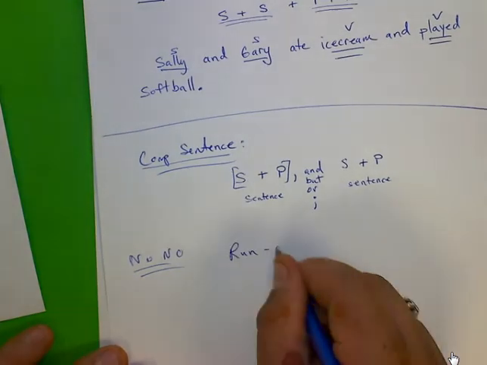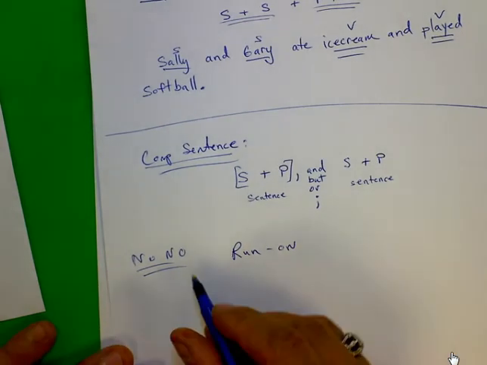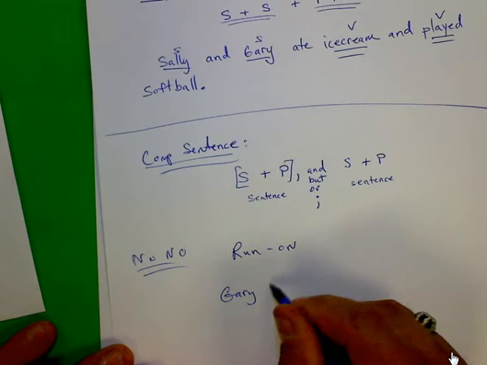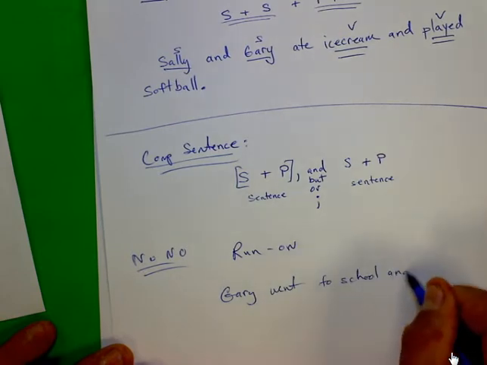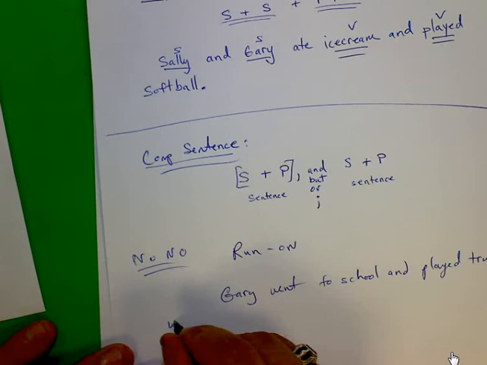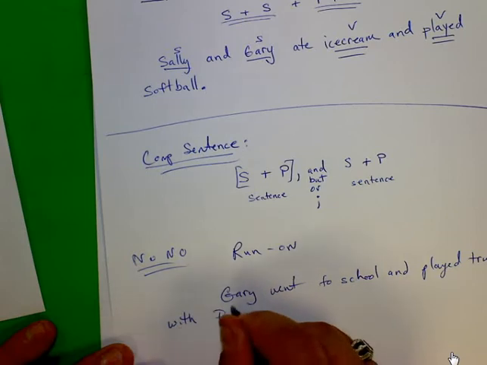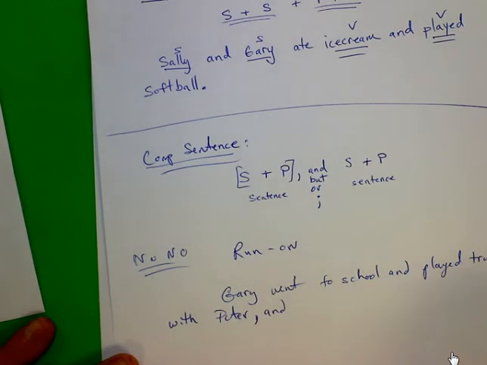Run-on sentence could sound something like this. Gary went to school and played trumpet with Peter. And now this is a new sentence, so I got to put and a comma there. It's compound.